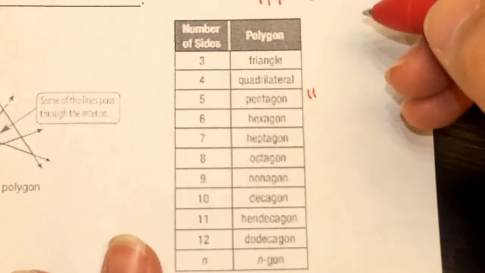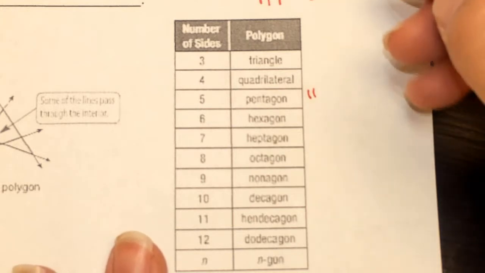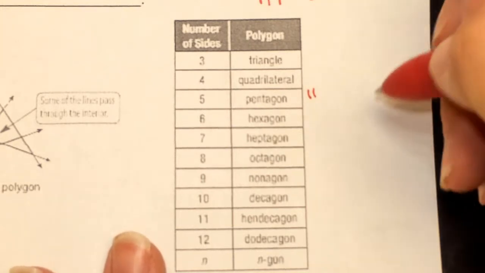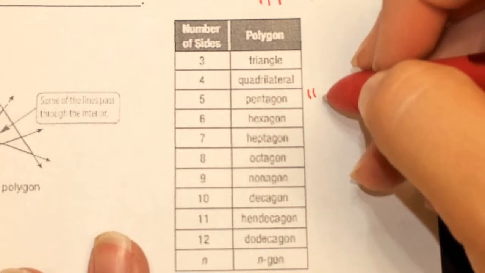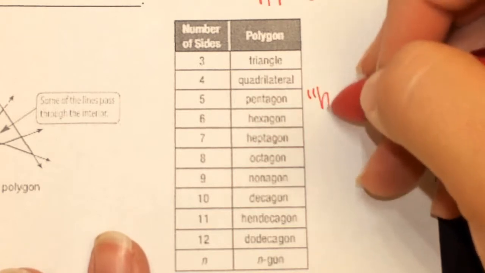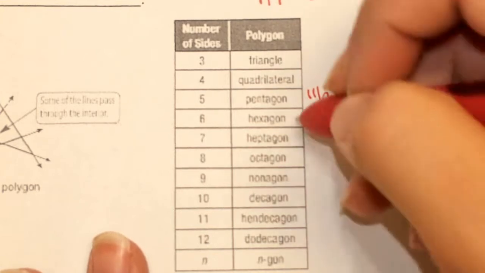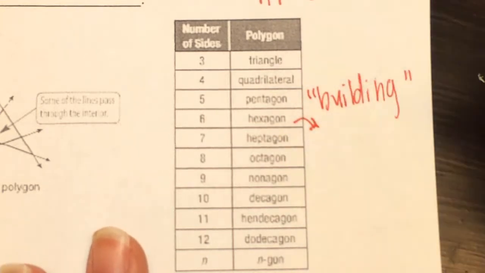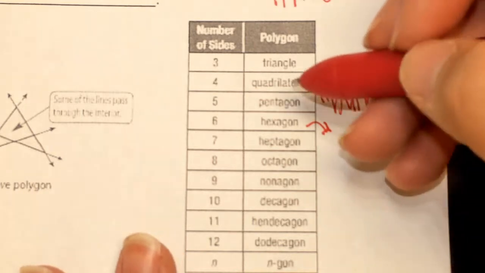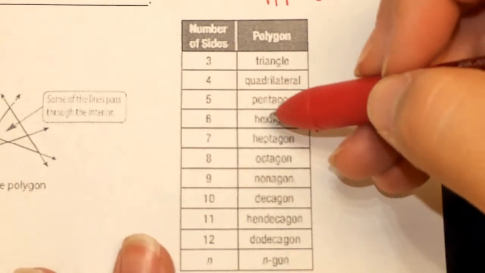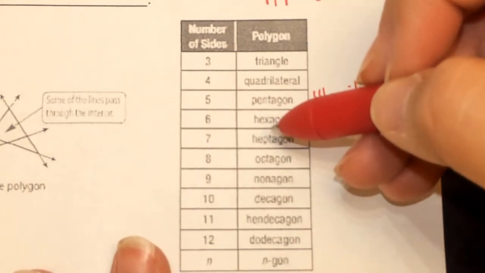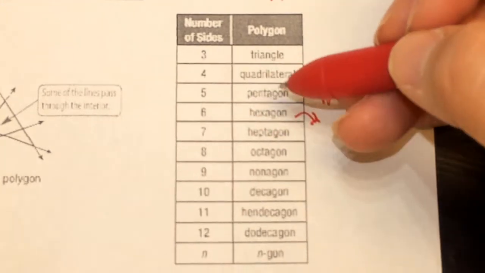The building, pentagon, you can think of the building. Someone thinks of pins. What about hexa? What makes you think of 6? The hexagon. Well, doesn't 6 have an X in it? And so does hexagon. So that's how I remember 6 and hexagon.